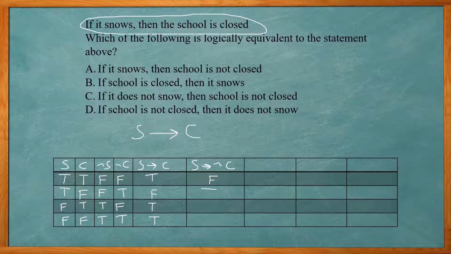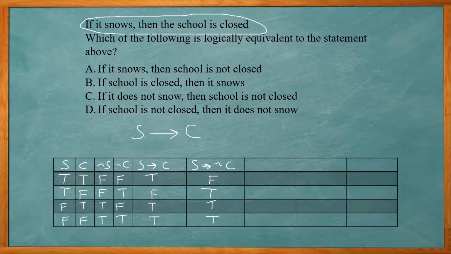That's true. And then does false imply false? That's true. And does false imply true? That is true. Okay, so that's not the same as S implies C. So those two columns are not equivalent.